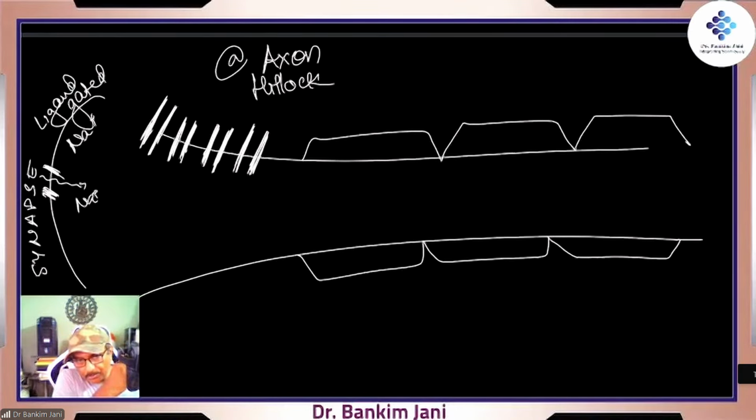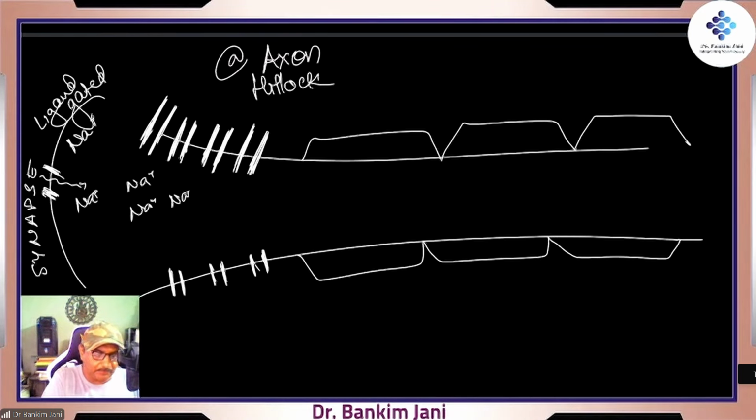But then that sodium has to come in. So that sodium comes inside. Sodium comes inside, so it is changing the voltage, right? And at the axon, they all are ready on both sides. They are loaded.